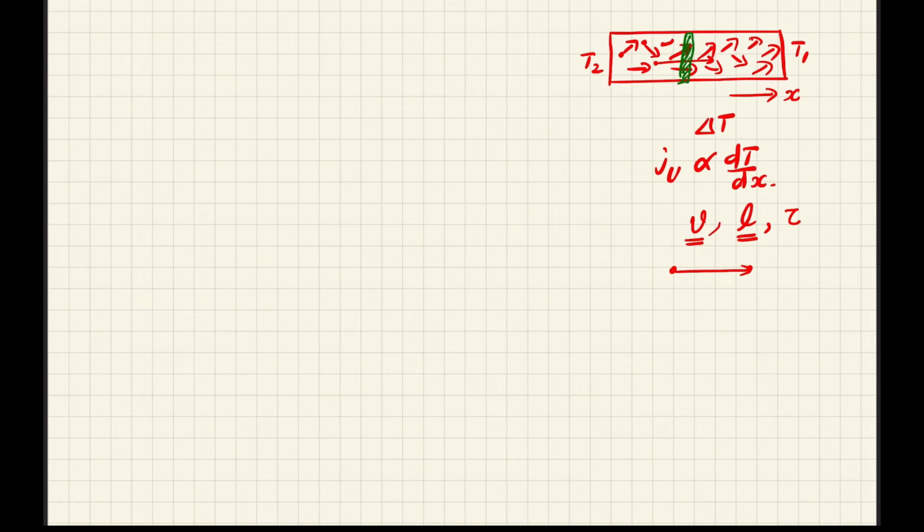The flux of particles, the number of electrons or phonons crossing the surface per unit area per unit time, is equal to 1 by 6 n v.